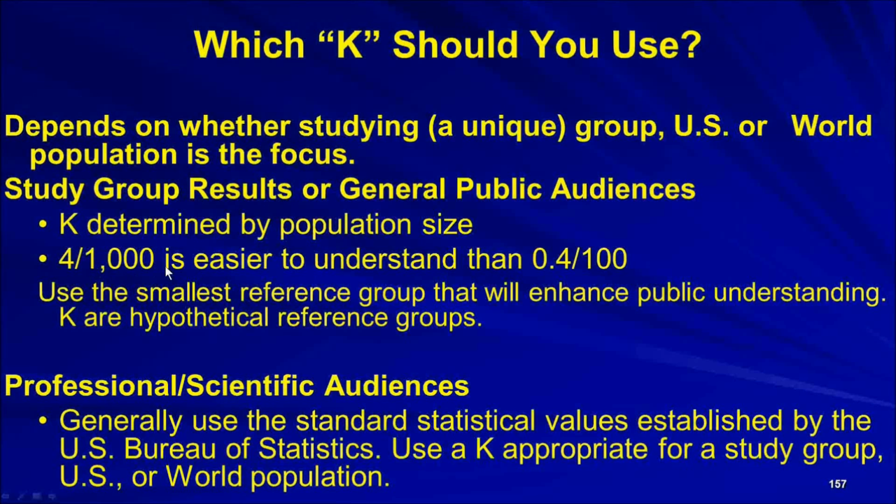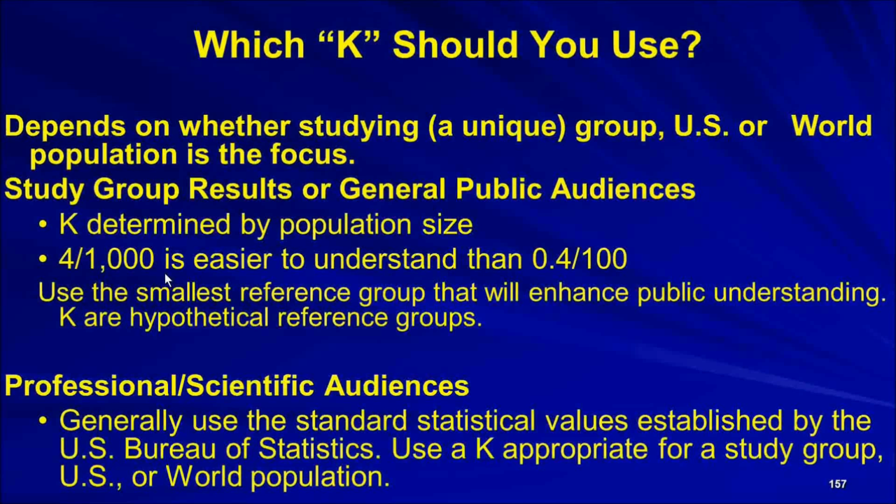They've got to stretch their imaginations, and they've got to think about 1,000 people, and often I ask them to imagine a small town or something of that nature, so they know how serious this particular disease is. But it's a hypothetical reference group.